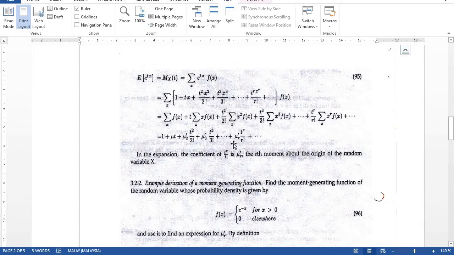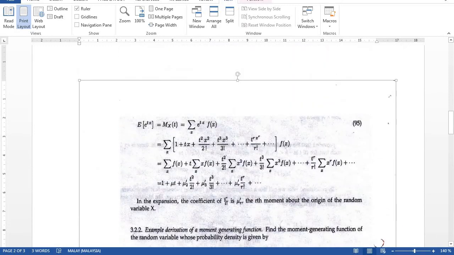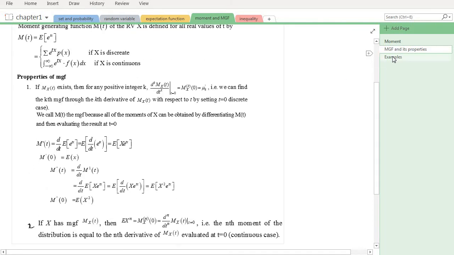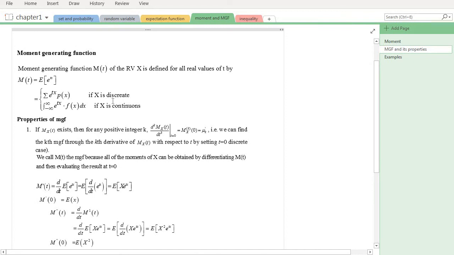So we move back to our formula here, the property of the moment generating function. Actually, this is a standard formula of the MGF.